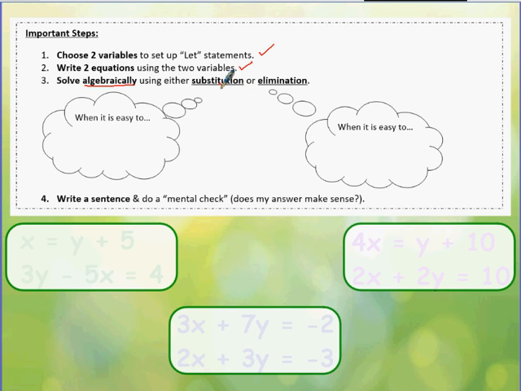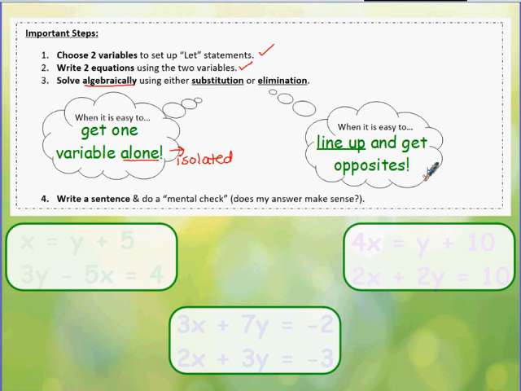Substitution should be used when it's easy to get one variable alone, meaning it's easy to get one of them isolated, all by itself on one side of the equal sign or the wall in our equations. The elimination method should be used when it's easy to line up and get opposites, meaning additive inverse coefficients.